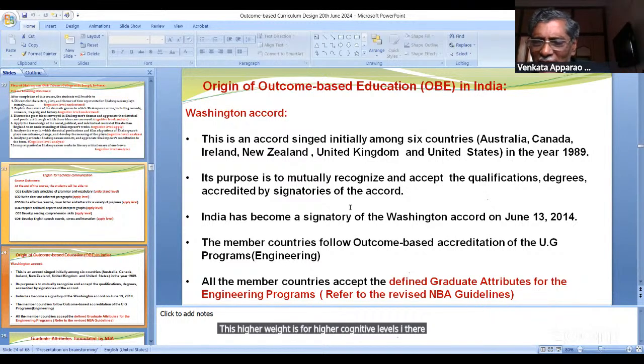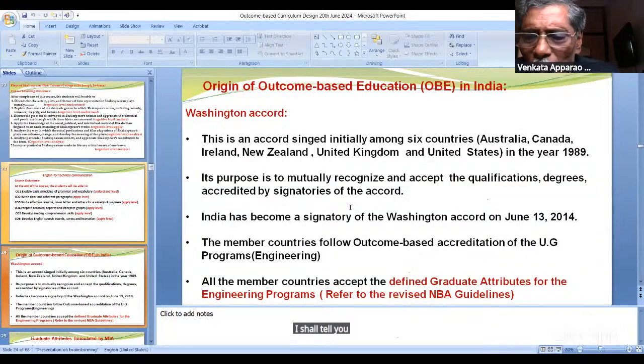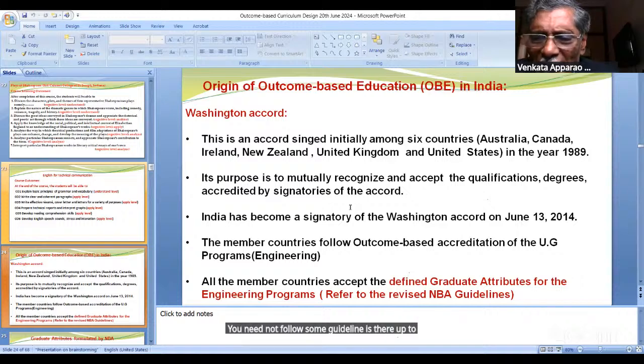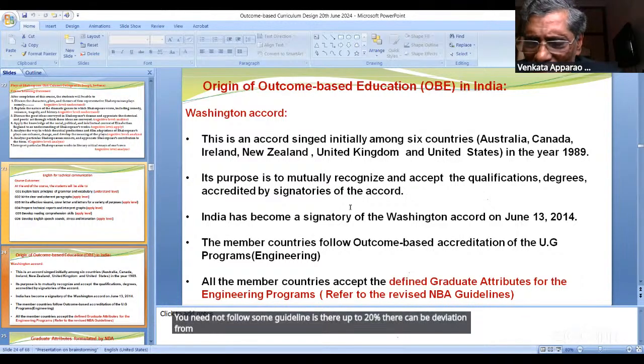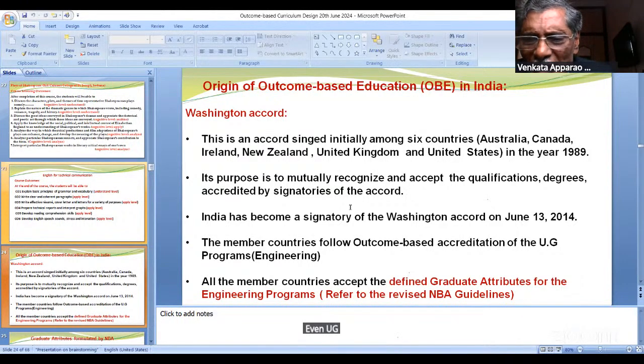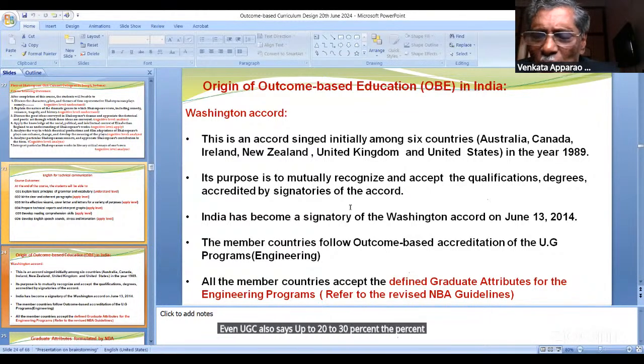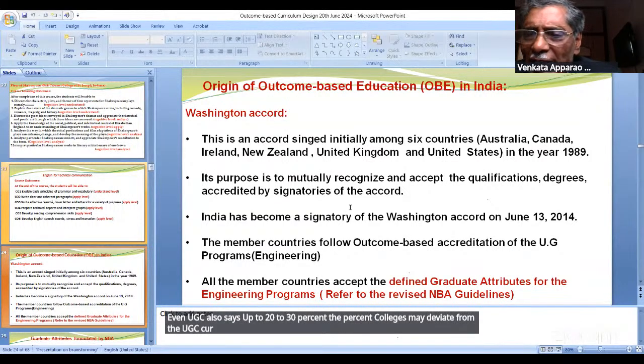One point I shall tell you. Up to 20% there can be deviation from what the university says. Even the UGC says that up to 20 to 30% the colleges may deviate from the UGC curriculum or guidelines.